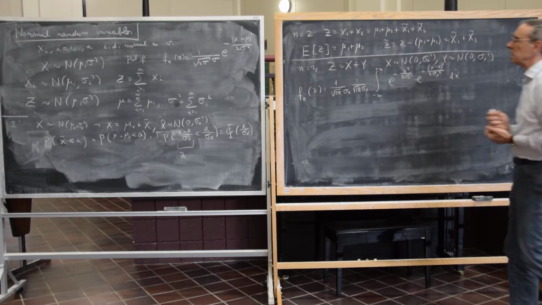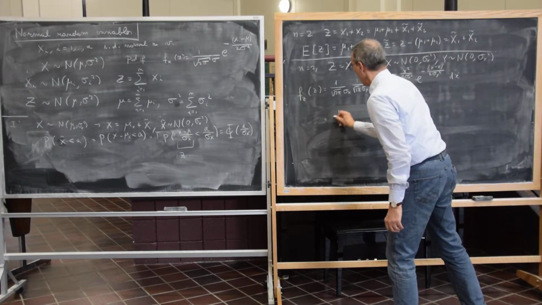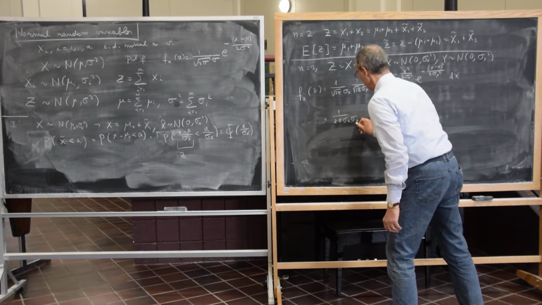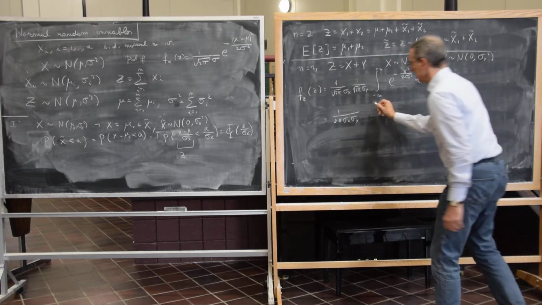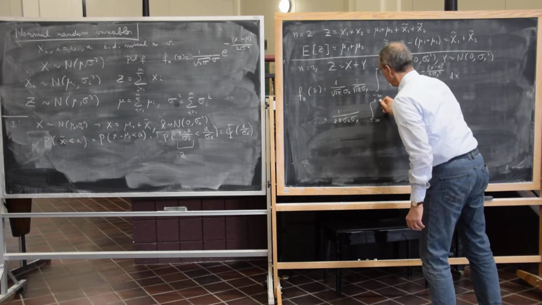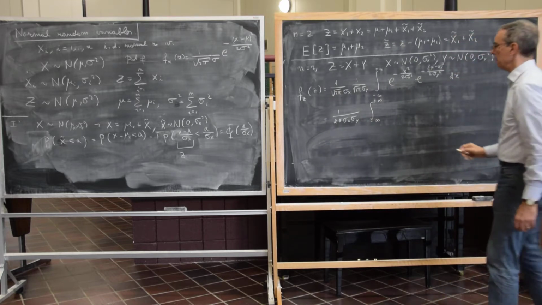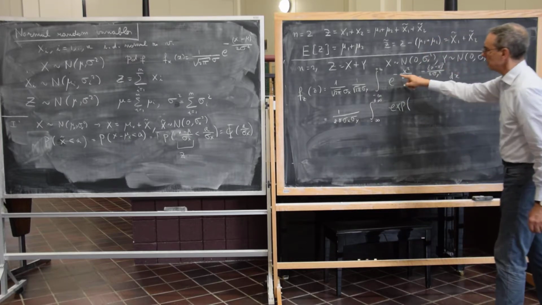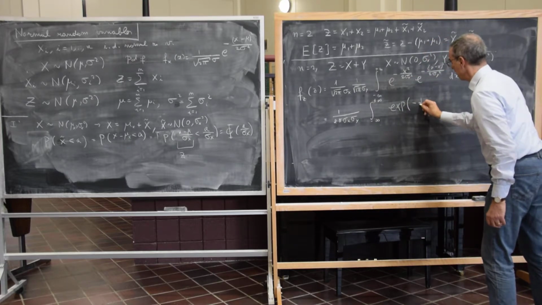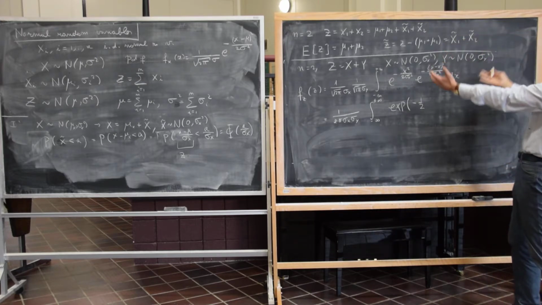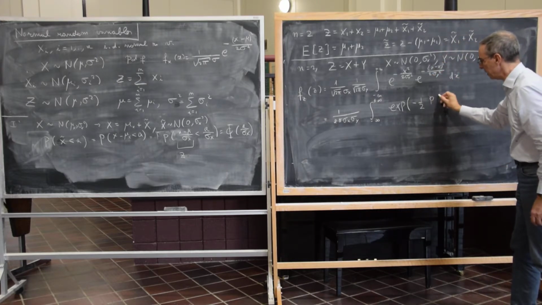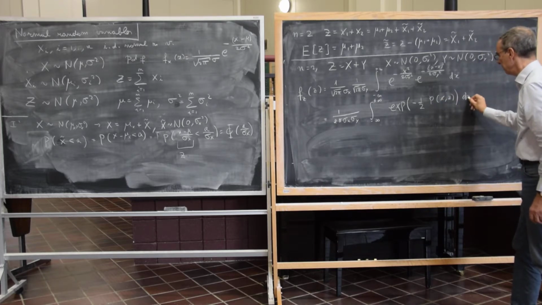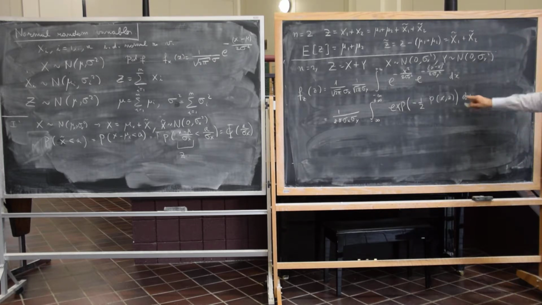And we observe that this is equal to 1 over 2 pi sigma x sigma y times the integral from minus infinity to plus infinity of exponential of minus 1/2 times some polynomial p of x and z. And what is this polynomial p?